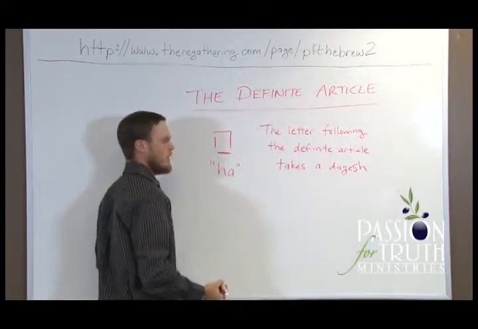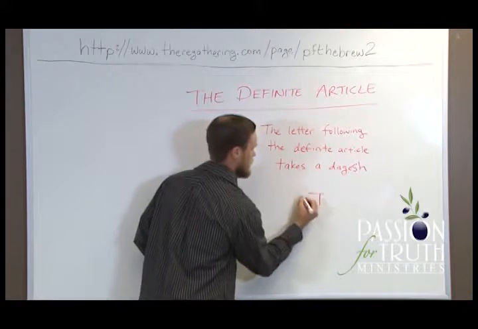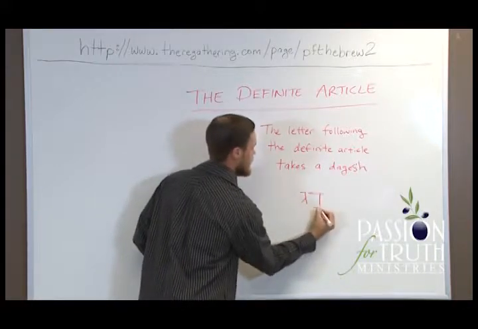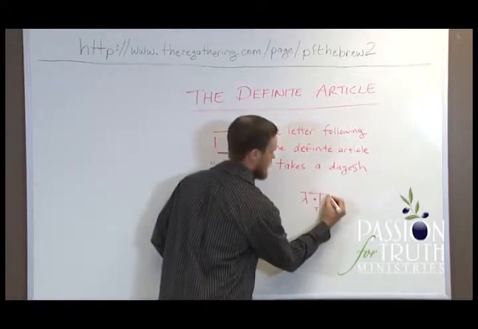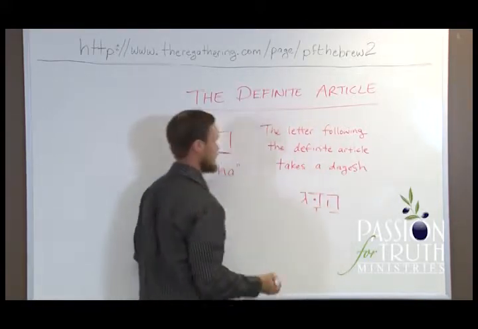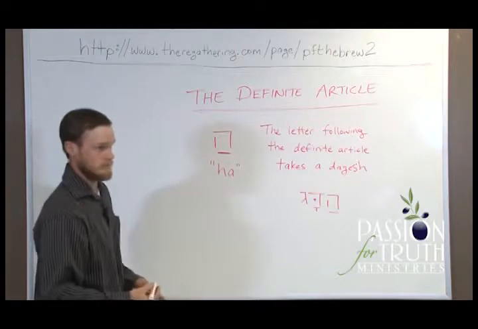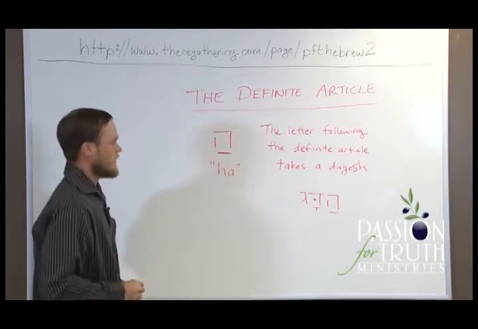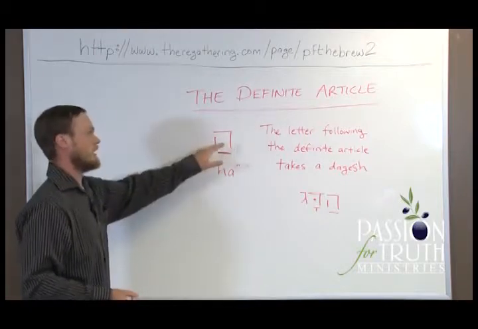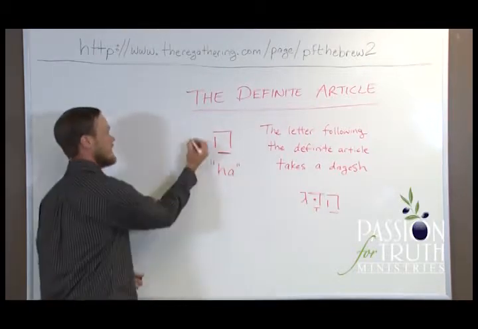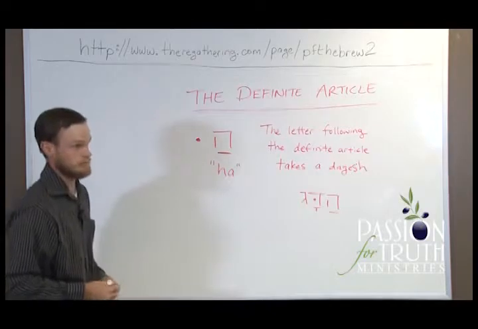Okay? So dag is already spelled with a dagesh in the dalet. All that's telling us about that word is that when we add the definite article, it's going to remain. But other words don't necessarily have a dagesh to begin with. So, hey with a patach, and the letter following takes a dagesh.